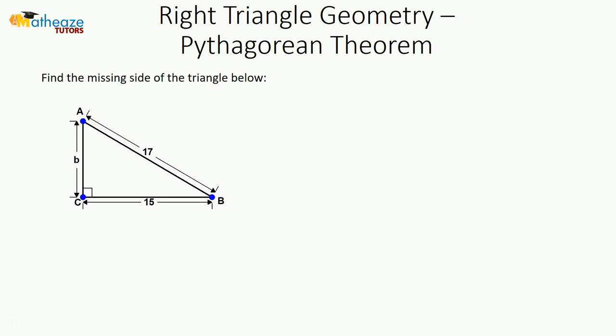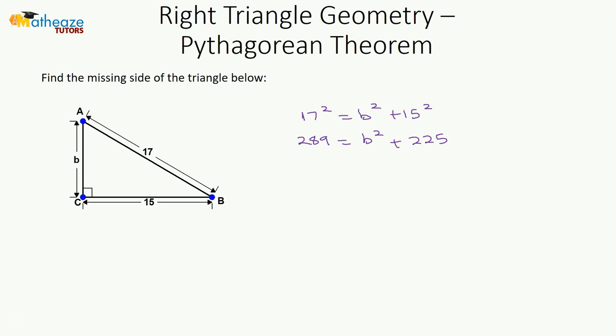Now we have this other example here. So according to Pythagorean theorem, remember the square of the hypotenuse is the same as the sum of the square of the other two sides. So 17 squared is equal to B squared plus 15 squared. 17 squared is 289 is equal to B squared plus 225.